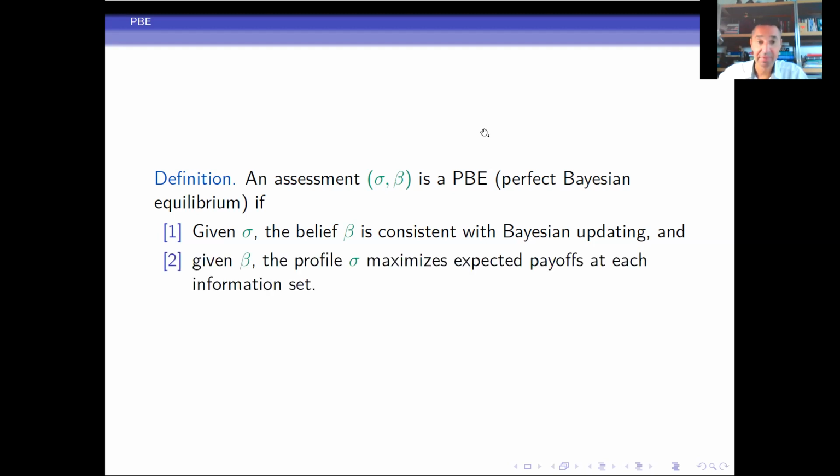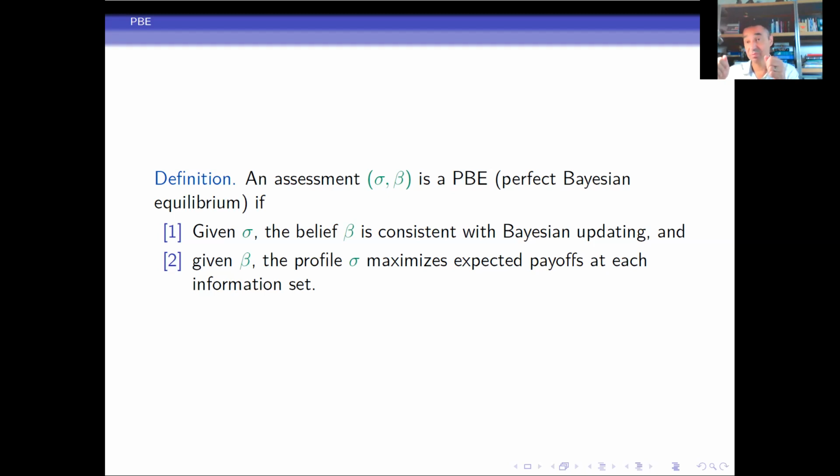And secondly, given the belief, the strategy profile should be such that for each player it maximizes its expected payoffs at each information set. So you have a probability distribution that says with what probability you think you are in which node.